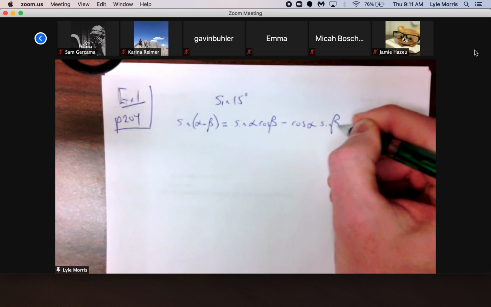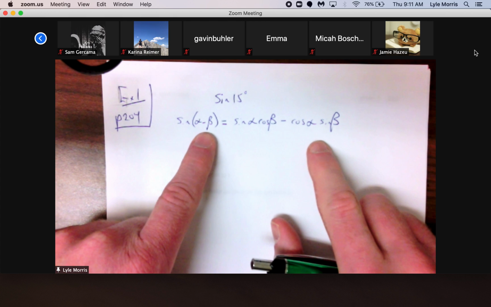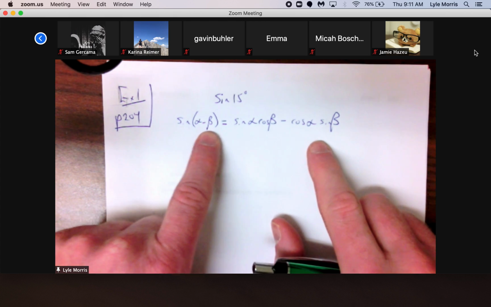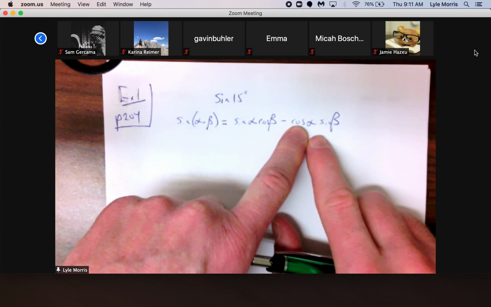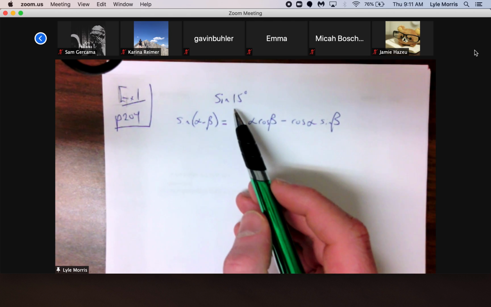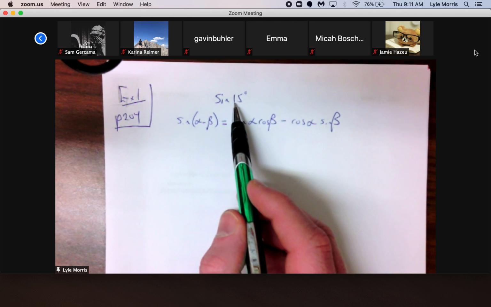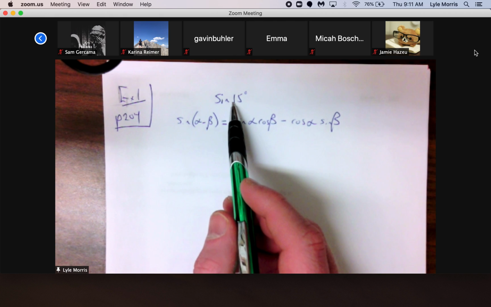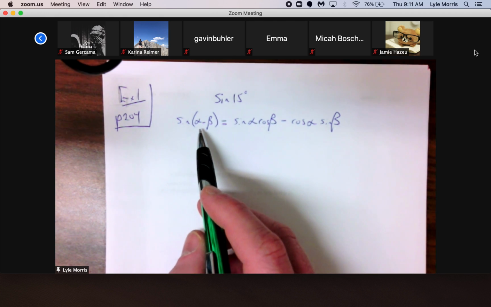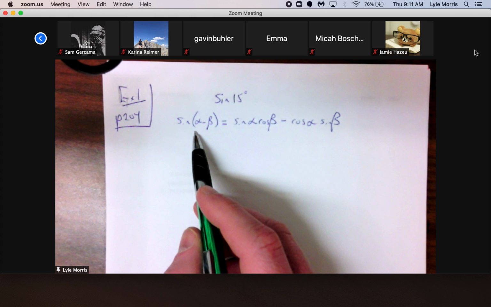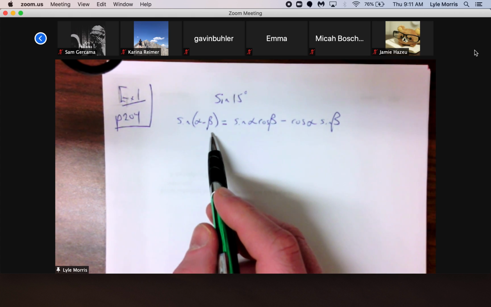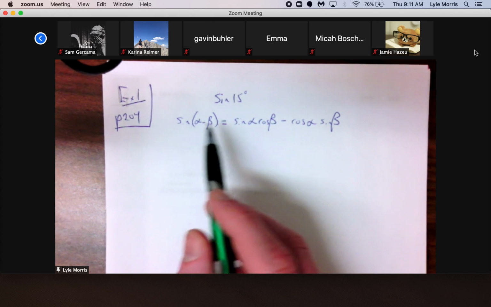I'm just going to make sure I copied this down right. Sine of A minus B equals sine of A cos of B minus cos of A sine of B. Now, sine of 15 we don't know, but we know the sine of 60 and the sine of 45, and we know the cos of 60 and the cos of 45.